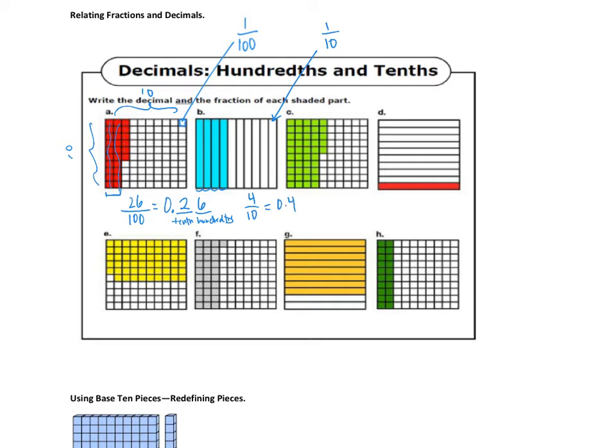Now, something else to note is that even though they're written as tenths, if I would have split this up the same as part A and made it into 100 pieces, another way that we could see this, pretend all these lines are straight. 1, 2, 3, 4, 5, 6, 7, 8, 9, 10. Okay, another way to see those 4 tenths is actually as, okay, there's 10 hundredths here, 10 hundredths here, 10 hundredths here, 10 hundredths here. So we actually have 40 hundredths.